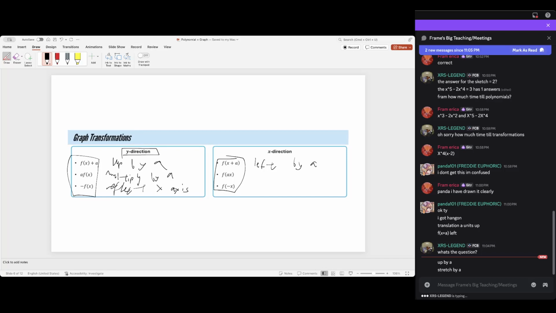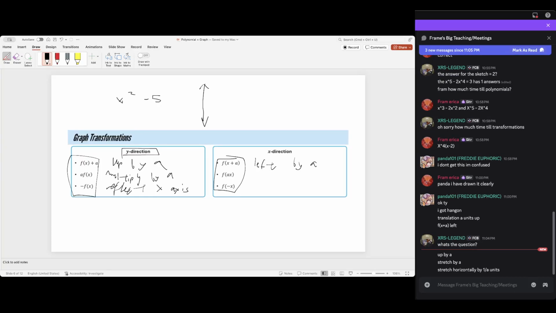For f(-x), would that be reflection in the y-axis? Let's say we have a function x minus 5.